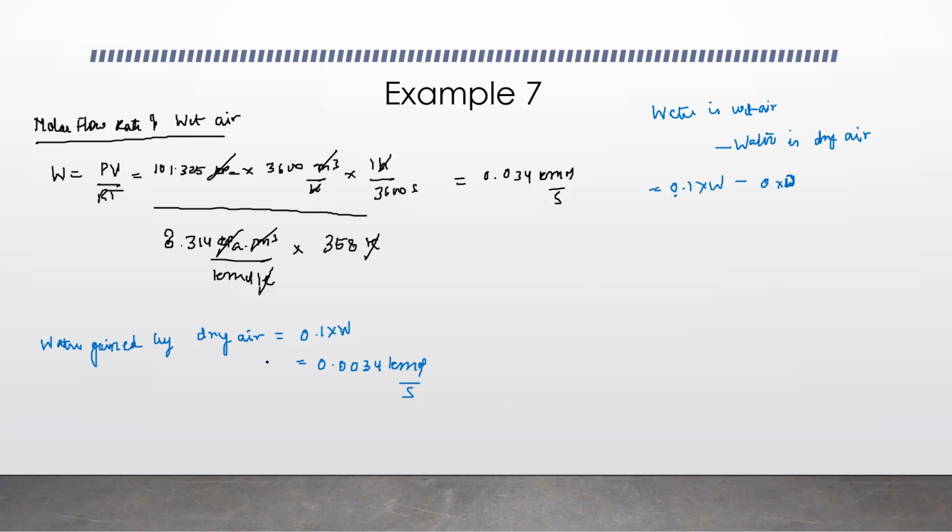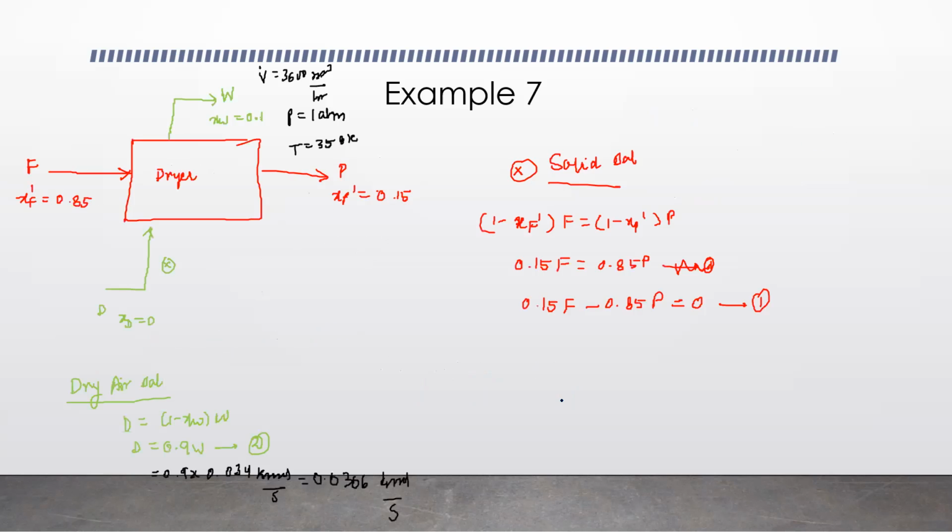If we convert this into mass flow rate, this is going to be 0.613 kg per second. Now this mass flow rate can be easily used in the equation with F and P.